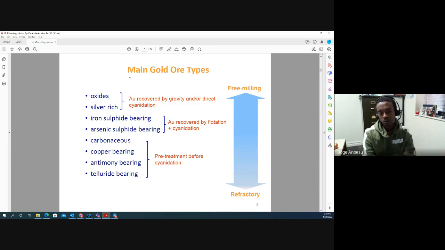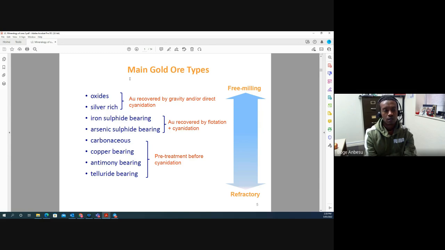And there are gold ores where you find copper with them as well, so in this case typically chalcopyrite hosting the gold. And there are other cases, especially here in Western Australia, where we have telluride-bearing gold, which is a gold telluride.